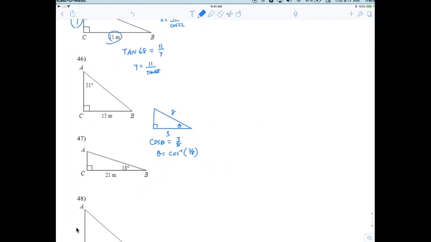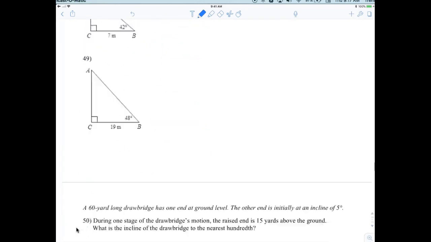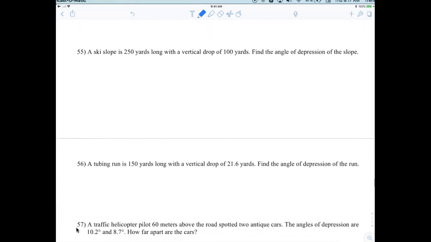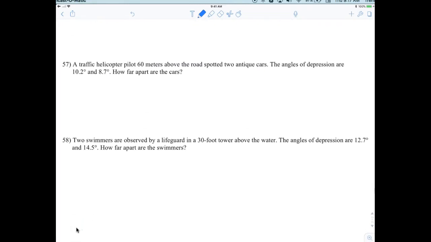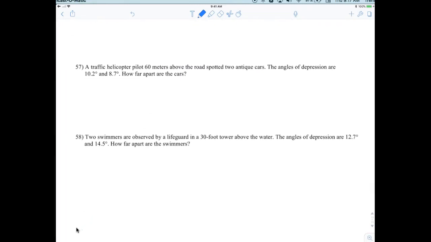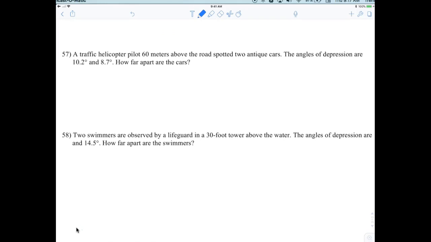Do number 57. Yeah, let's look at 57. Oh, yeah, this is similar. Again, you're looking at something where you're up in the air.